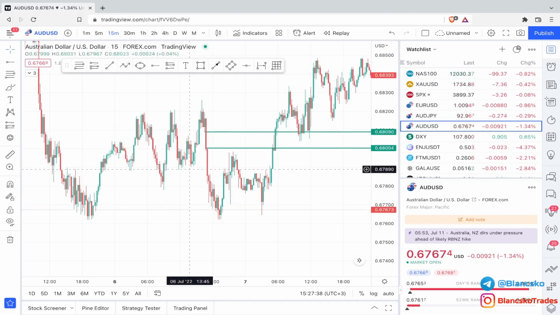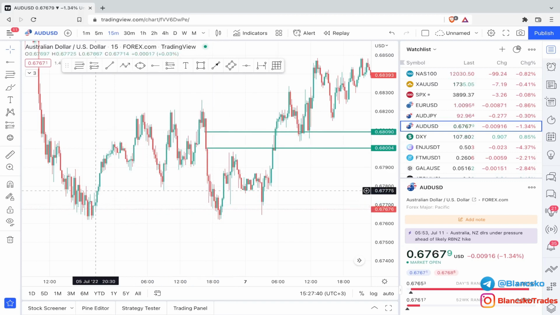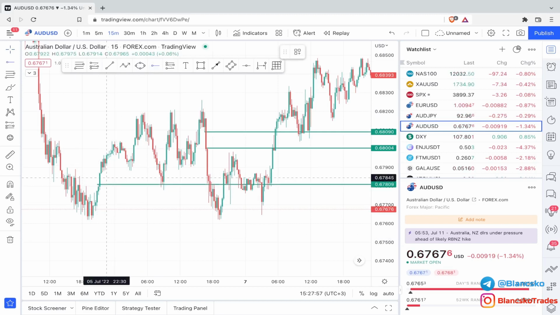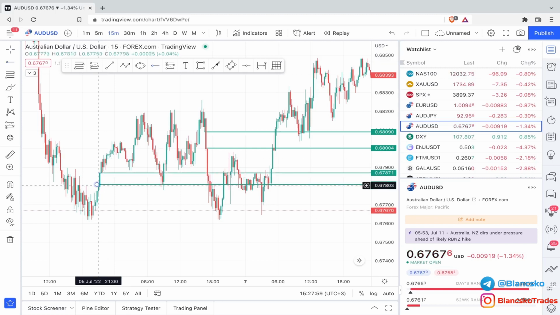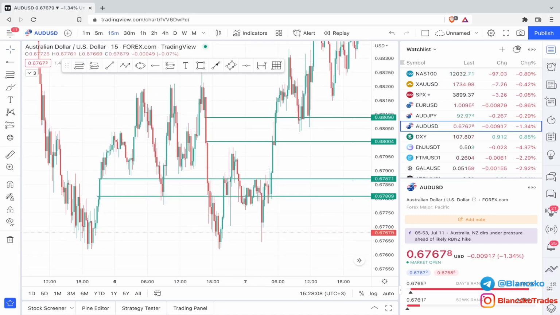Usually when price moves normally, you will see that the wicks touch each other. So we have this first candle here, the third candle touches it, we have this candle here, this one touches it. Then here we have imbalance. We have imbalance from here till here, because as you can see, first candle, second candle, third candle. So first and third candle do not touch each other. It's the easiest way to explain it for everyone to understand.